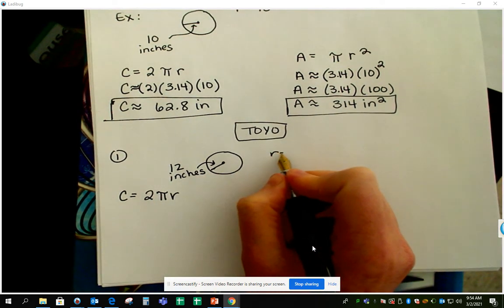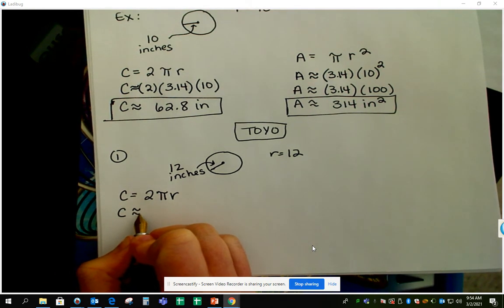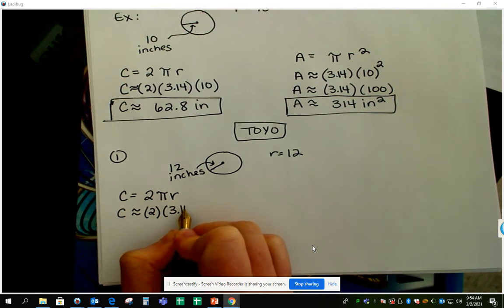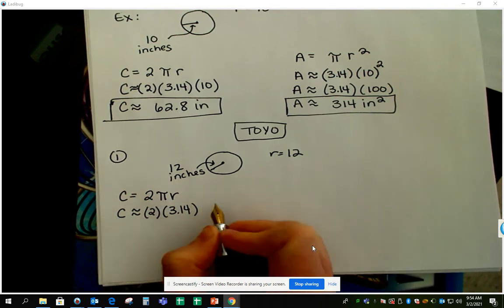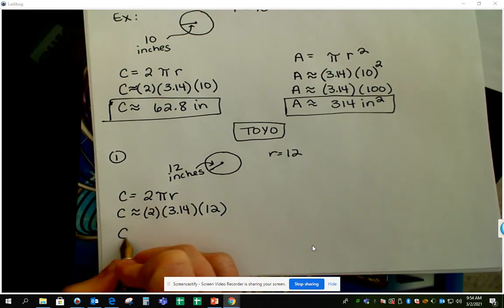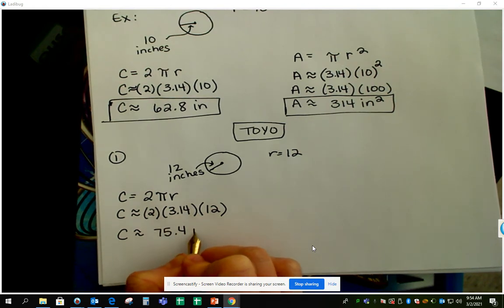Our radius is 12. So circumference is approximately equal to 2 times 3.14. Remember, that's what we're putting in for pi. And our radius is 12. Plug it in the calculator, and I'm going to get 75.4 inches.